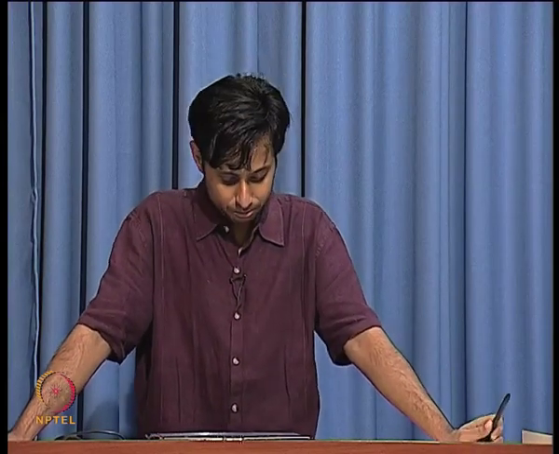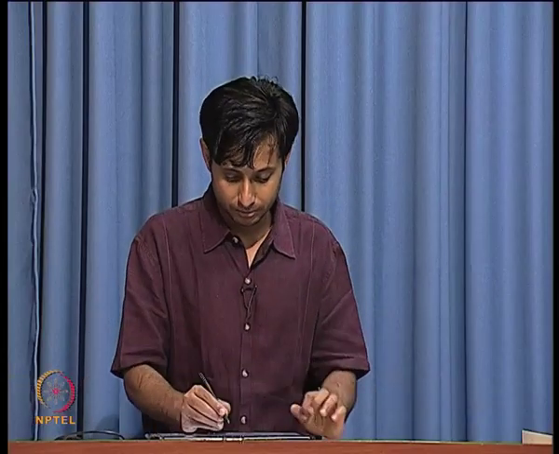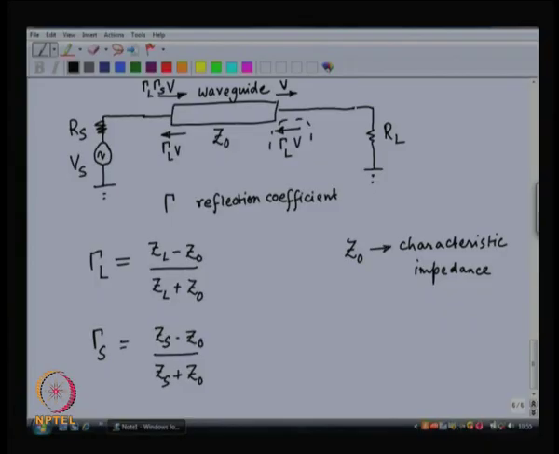Okay. Now, observation number 1: when is the reflection from the load equal to 0? Can I make this reflection equal to 0? Looking at the formula, it is very easy to do that. All you have to do is make R L equal to Z naught.